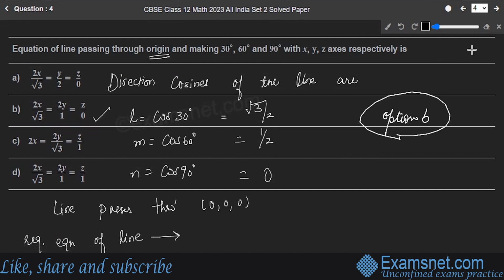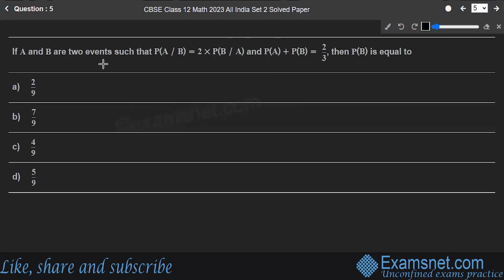Hope you got that. Let's move to the next question, number 5. If A and B are two events such that probability of A given B is equal to twice the probability of B given A, and P(A) plus P(B) is 2 by 3, then the probability of event B is. Fine, you are given that probability of A given B is twice probability of B given A. What is the formula for probability of A given B?